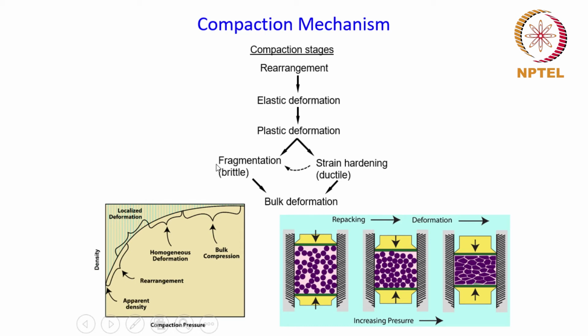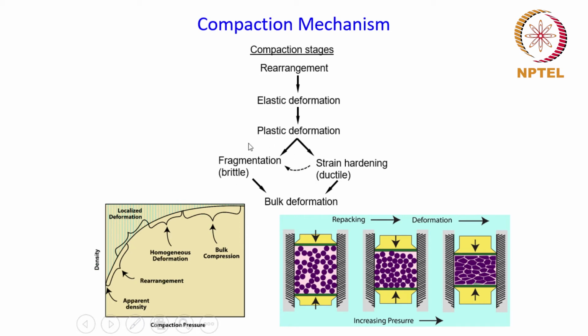And when the plastic deformation begins, then depending on the nature of the powder, it can either go through fragmentation or strain hardening. Fragmentation will happen for powders of brittle nature, and on the other hand, strain hardening will happen for ductile powders which can accommodate the plastic deformation.